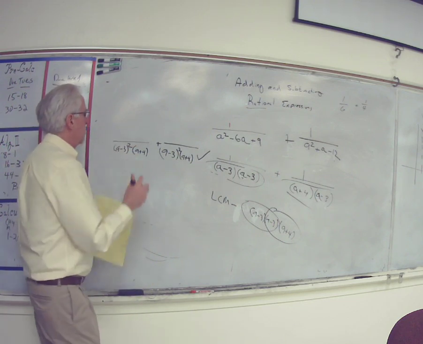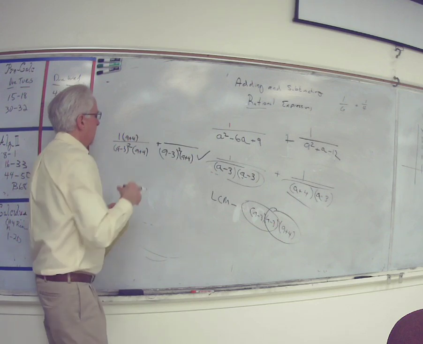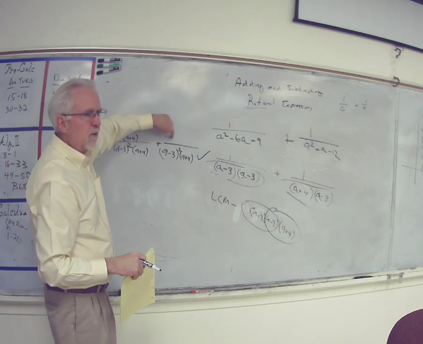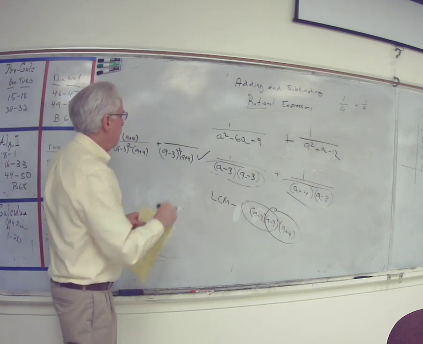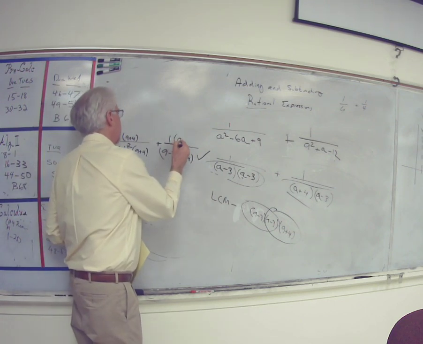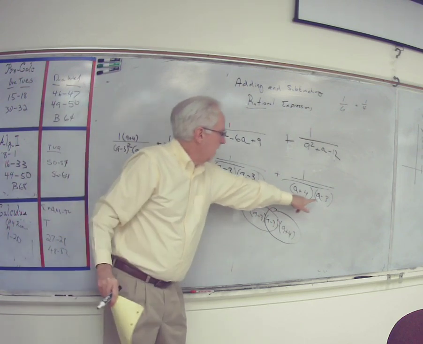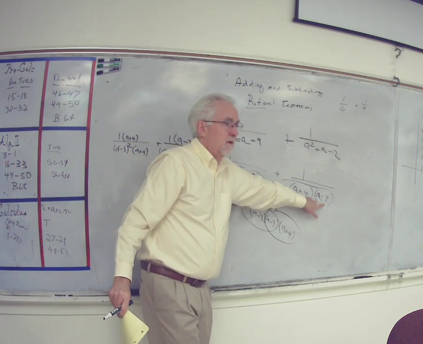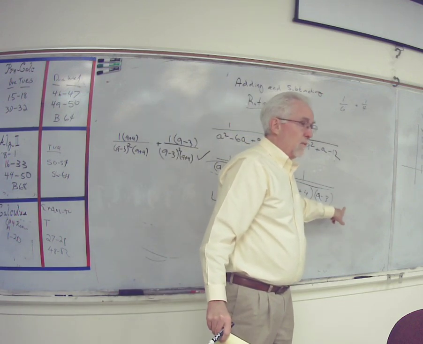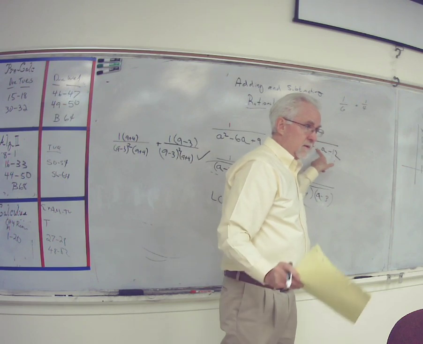A plus 4, use your parentheses. There was a 1 here and then a plus 4. And what did I have up here to begin with? A 1. And then times what? A minus 3. Squared, right? No, just because I already had what? A minus 3. So I just multiplied it by 1 a minus 3. So what do I multiply the numerator by? 1a minus 3. Got it?